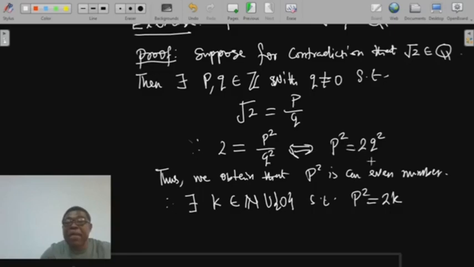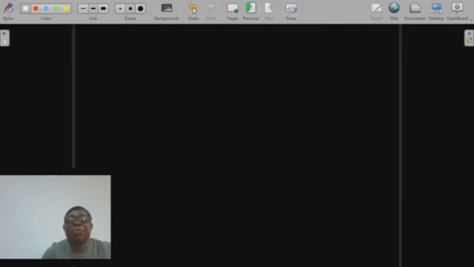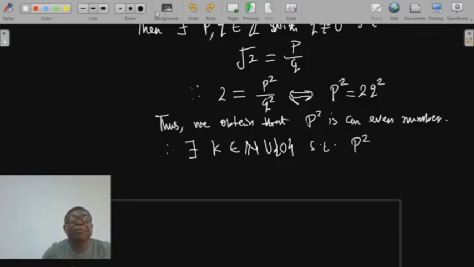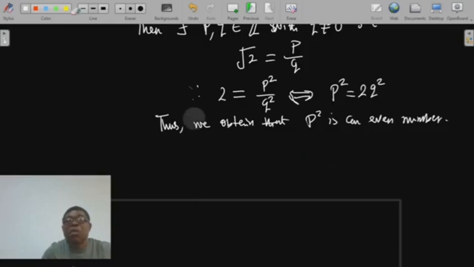Yes, this is a true statement, but that is not really what I want. What I want is that since p squared is an even number, then p itself is also an even number.